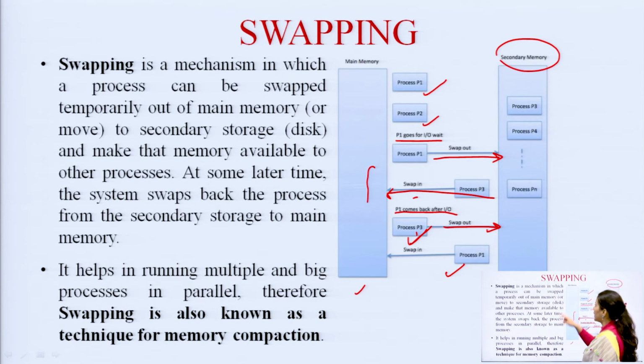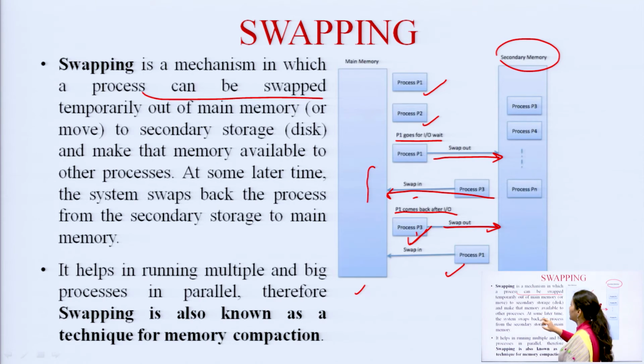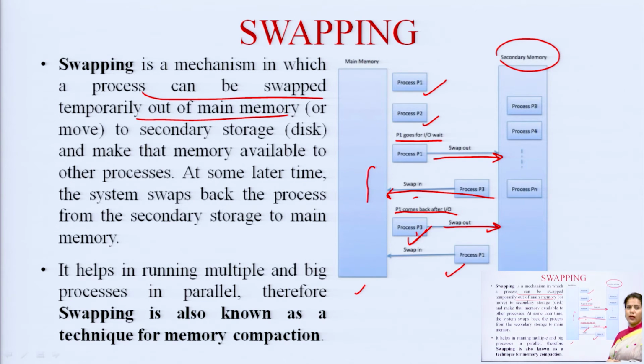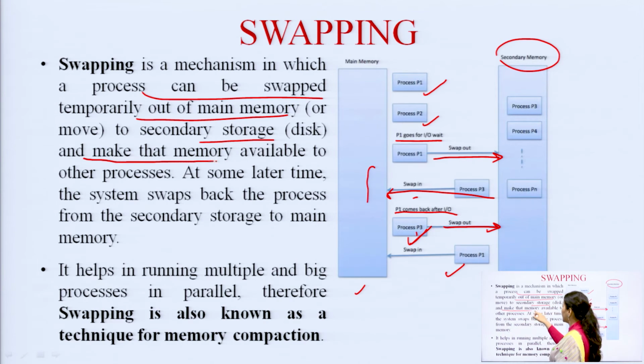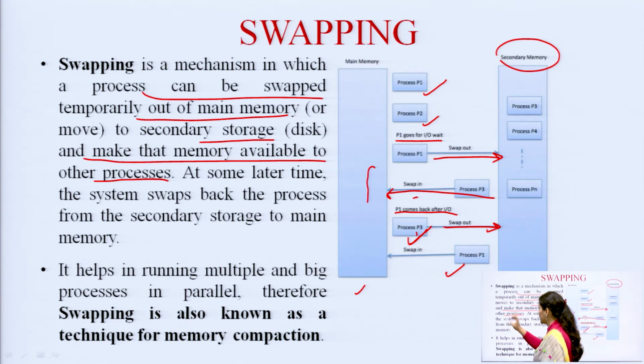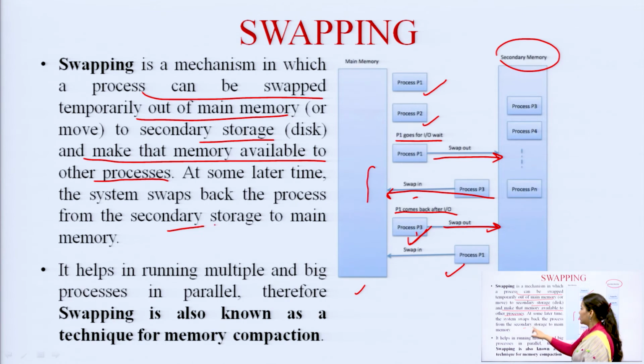So, this is the mechanism in which a process can be swapped temporarily out of the main memory, that is, moved out to secondary memory, which can be the disk. During this, it makes the memory available to other processes. At some later time, the system swaps the process back from the secondary storage to the main memory.